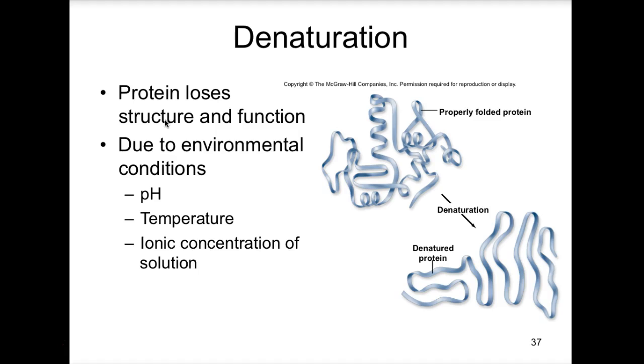And then lastly, protein denaturation is when you come out of those homeostatic conditions, whether you're looking at pH, temperature, or ionic concentration of solution. Denaturation is different from dissociation. We see that a water molecule can dissociate into hydroxide and hydrogen ions.